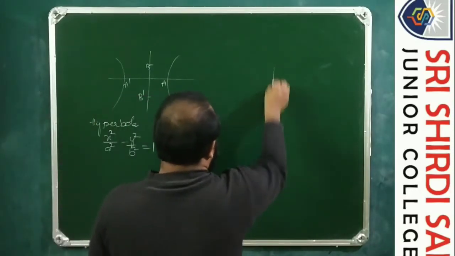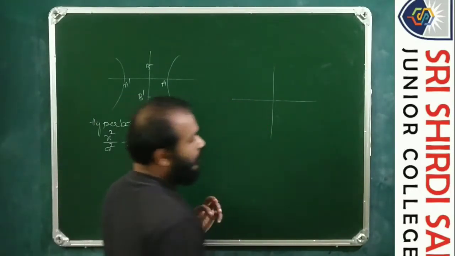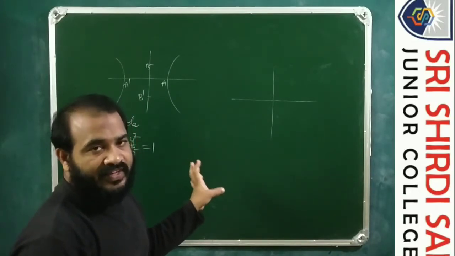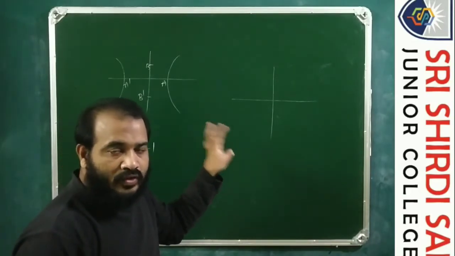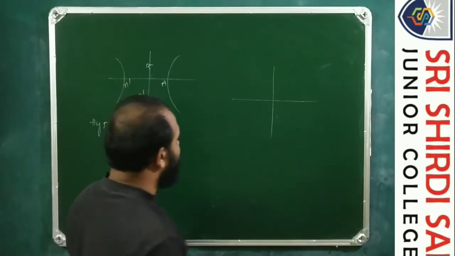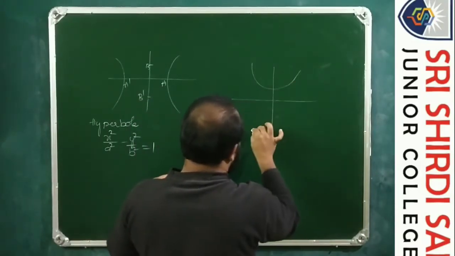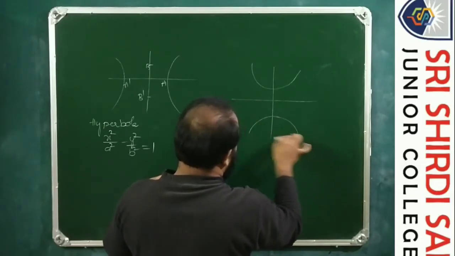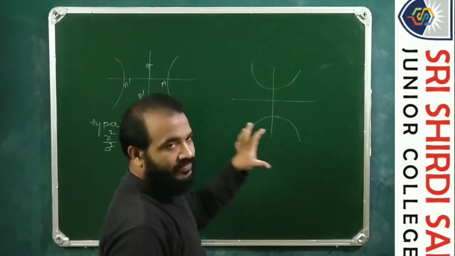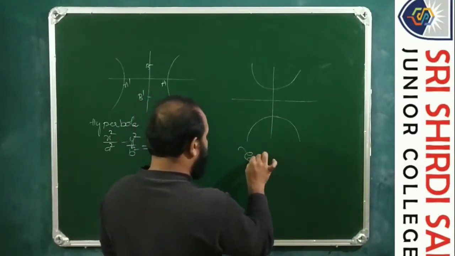The hyperbola whose transverse axis is the conjugate axis and whose conjugate axis is the transverse axis, so this diagram is the conjugate hyperbola.